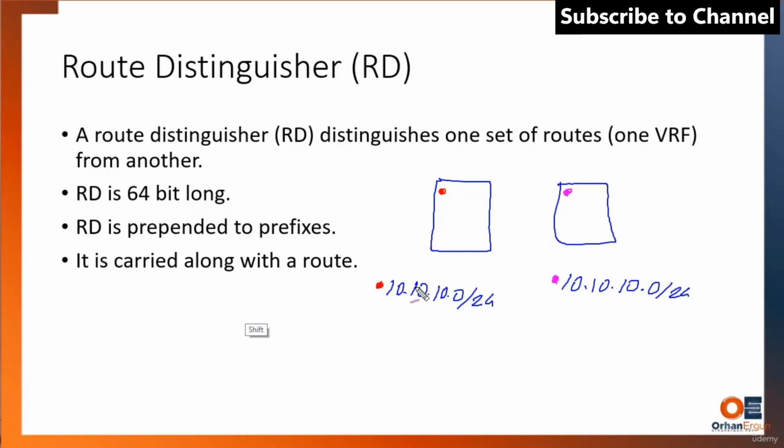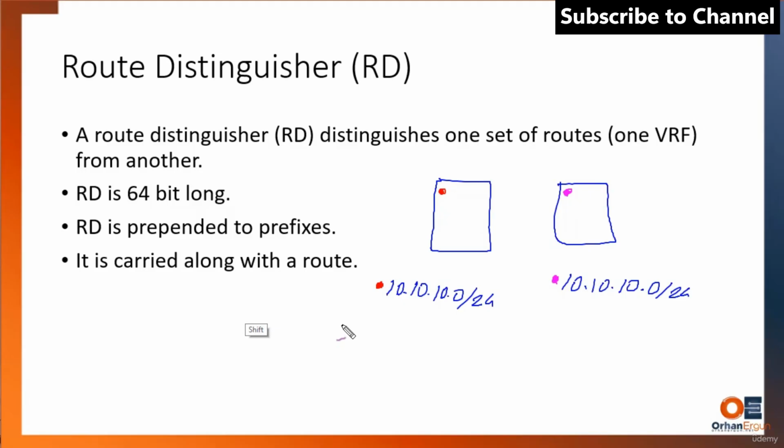And route distinguisher does this, as a matter of fact. It is important on just the local router. When transferring the routes, route distinguisher doesn't do anything. But on a local router, it is very important to understand that this one is not going to be mixed with the other one. How can I do that?